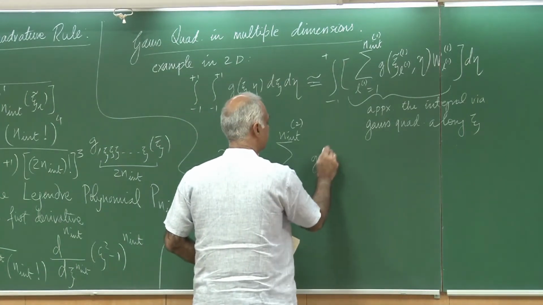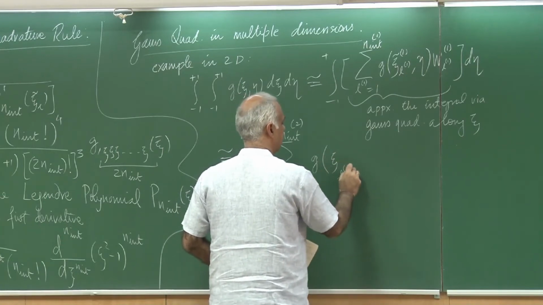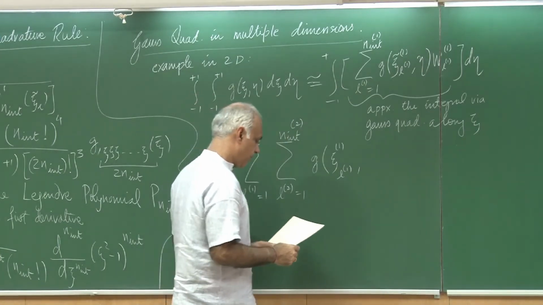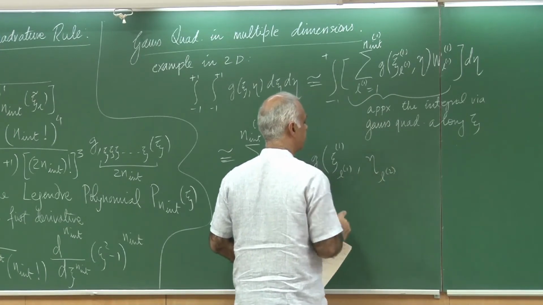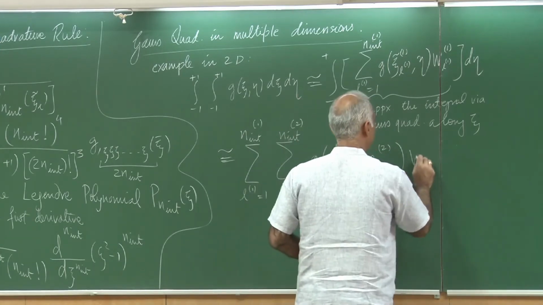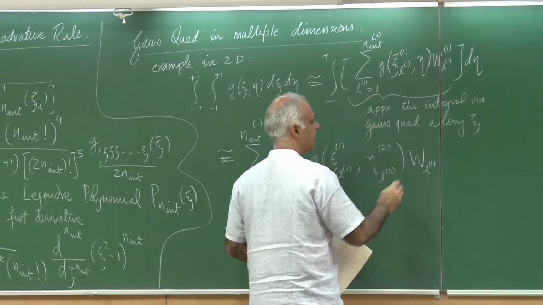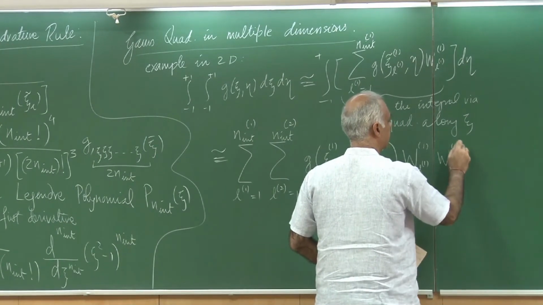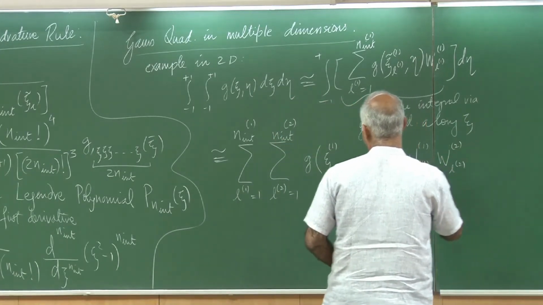Now my g function would have these evaluations xi L1 of 1, and likewise I can put the coordinates for the quadrature point for the second direction, L2, and I would multiply now with the weights along the first direction as well as the weights along the second direction. Okay.